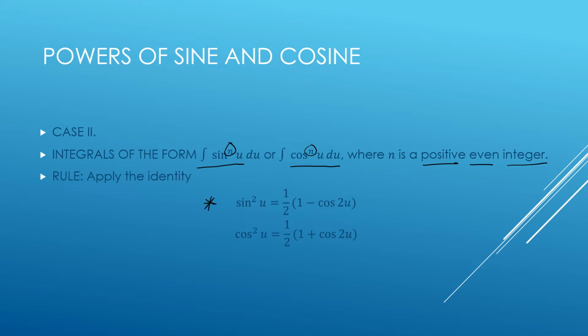We immediately apply the corresponding identity: sine squared u equals 1/2 quantity 1 minus cosine 2u, and cosine squared u equals 1/2 the quantity 1 plus cosine 2u. Now, these are the half angle formulas. No?